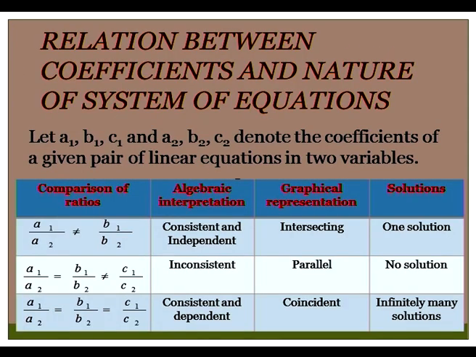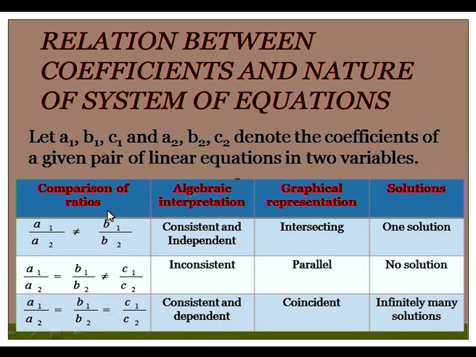Now, let us understand the relation between the coefficients and nature of system of equation. If we take any two linear equations, then let a1 b1 c1 and a2 b2 c2 denote the coefficients of a given pair of linear equations in two variables.